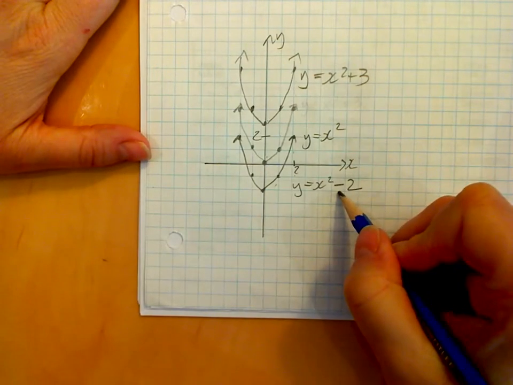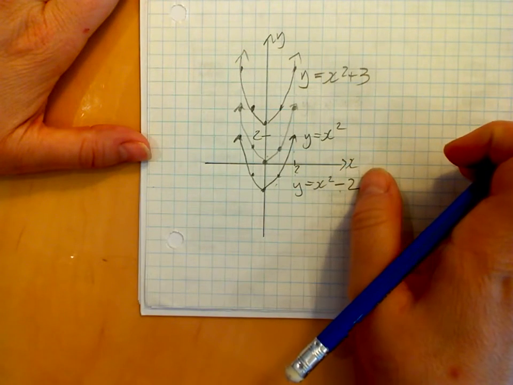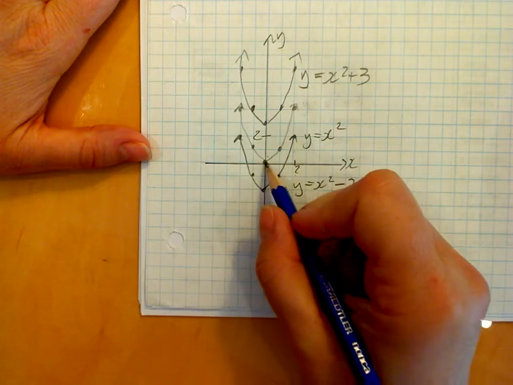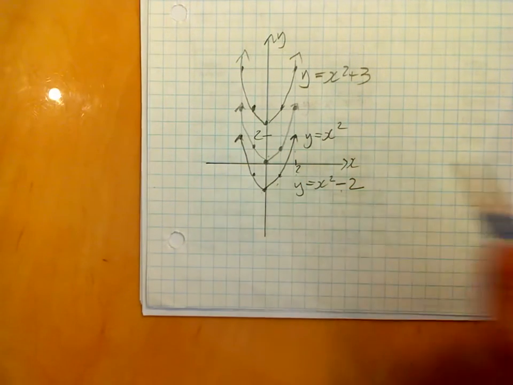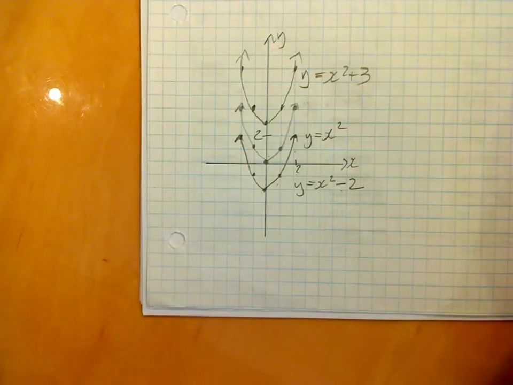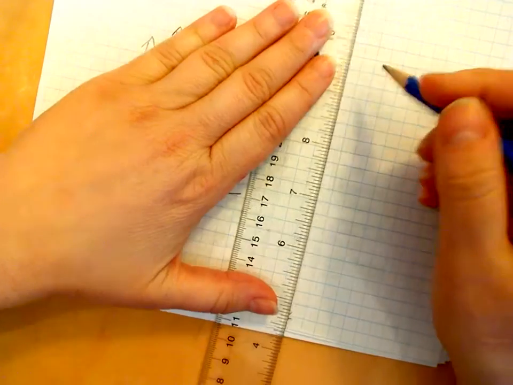These points on this curve are all y equals x squared pushed down 2. That's down 2, that's down 2, and so on. So there's no more need to plot points, right?